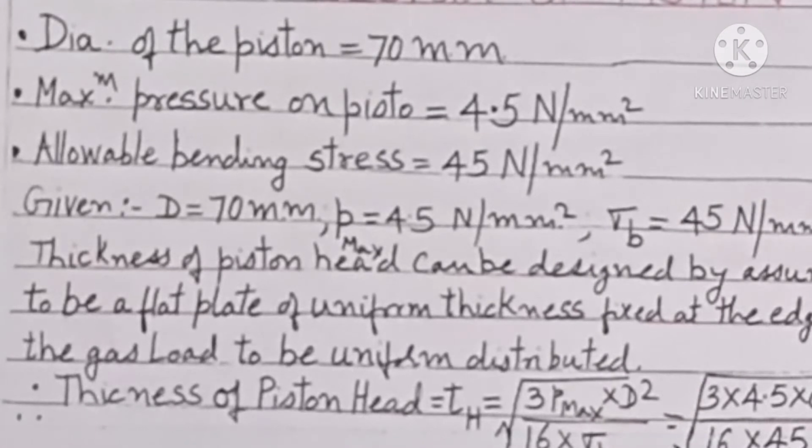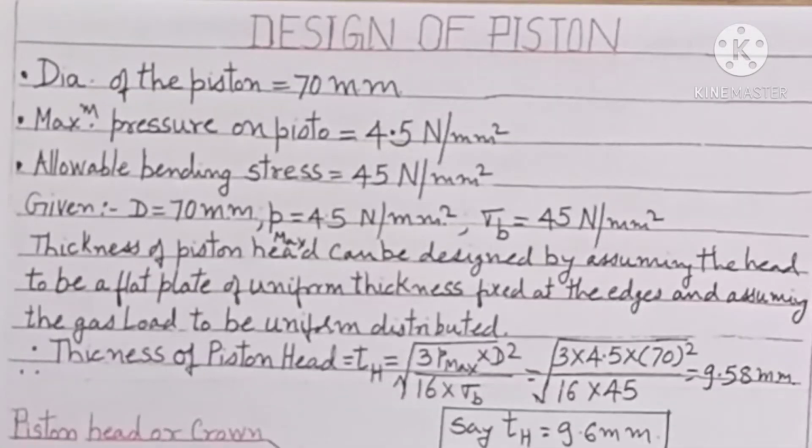Now you have to calculate the thickness of the piston head. The thickness of piston head can be designed by assuming the head to be a flat plate of uniform thickness fixed at the edges, and assuming the gas load to be uniformly distributed.